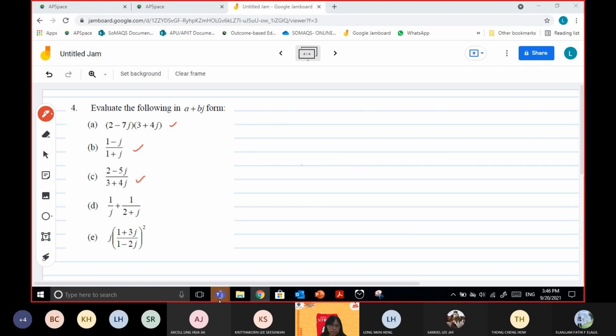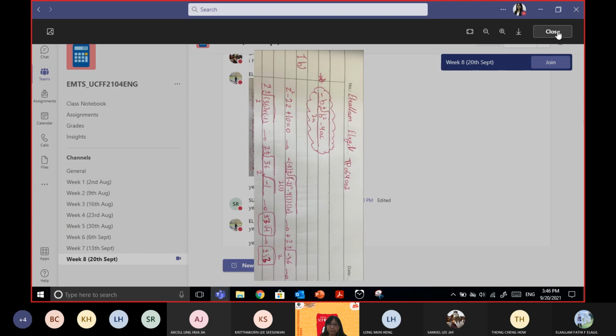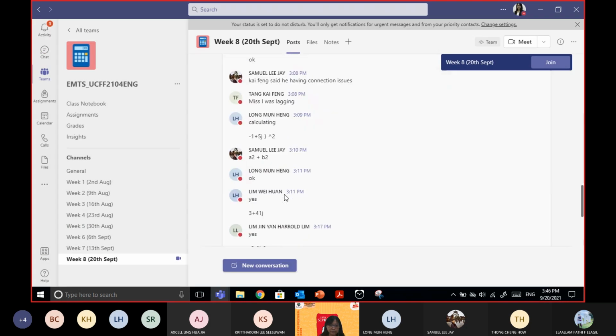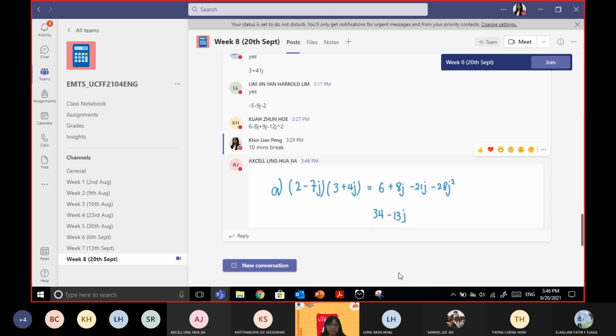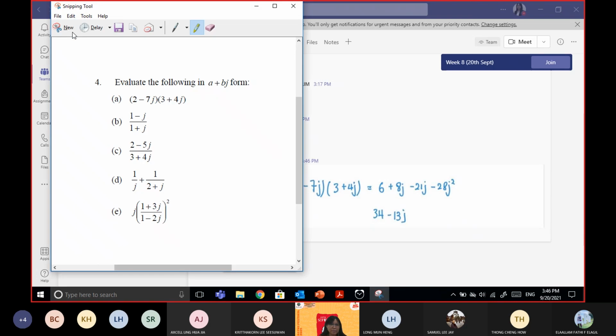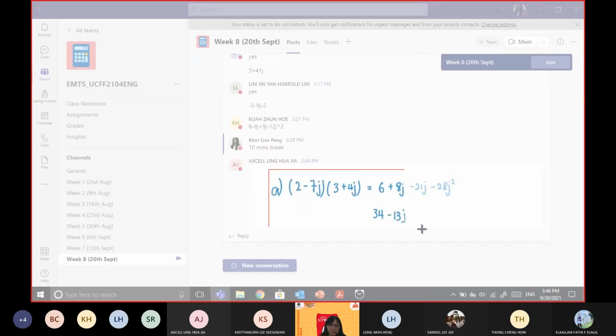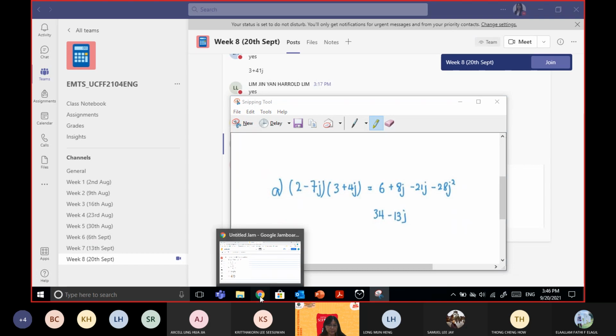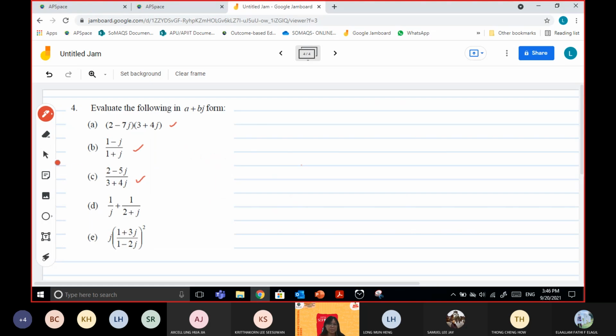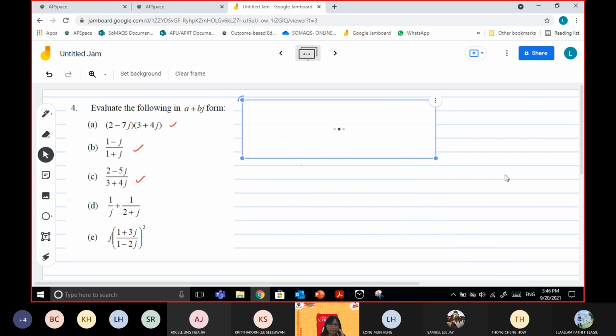Okay, let's see the solution from Excel. Oh, okay. Very simple one. So for A, this is for 4A.